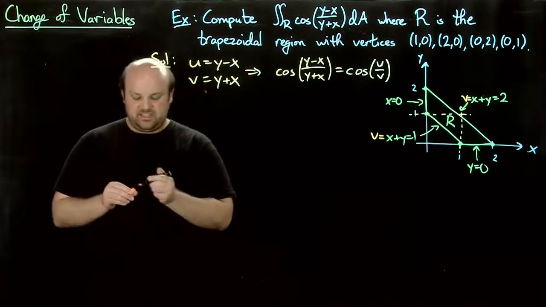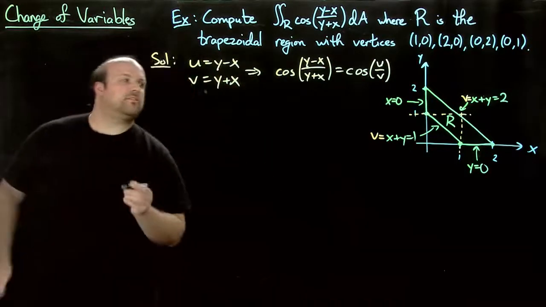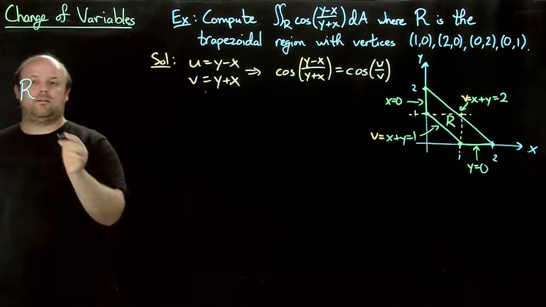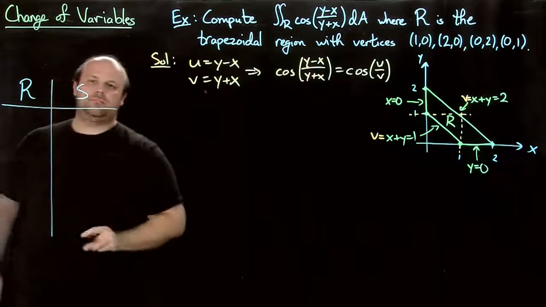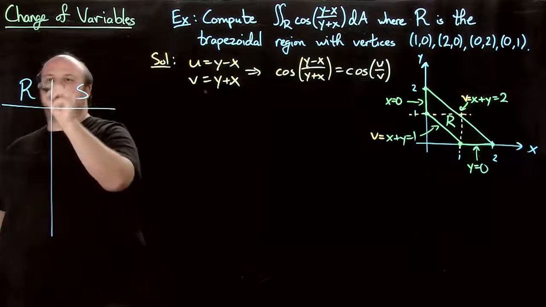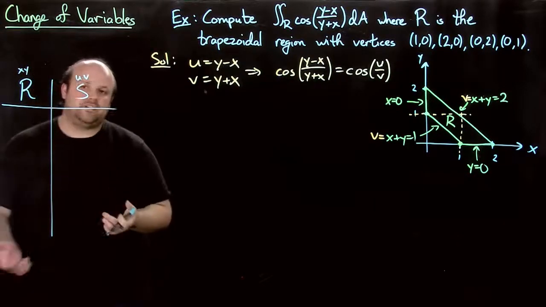Let's actually finish figuring out what this region turns into. The way I usually like to do this is to make a nice chart. We start with our things in R, and we want to know what they become when we go to S. R is the xy stuff, and S is the uv stuff.